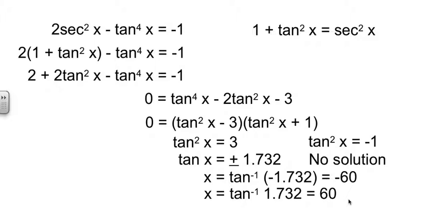I don't know why I did the negative first, but I did. In any rate, we get two values, -60 and +60. Okay. Again, your mileage may vary. You may have a slightly different answer there if you left exactly that number in your calculator. Me, I left the whole square root of 3 in there to work from.